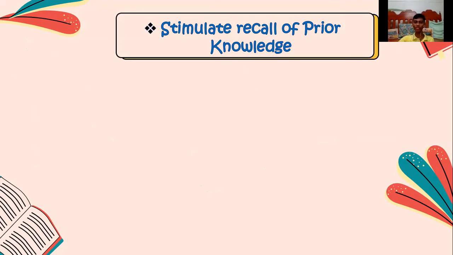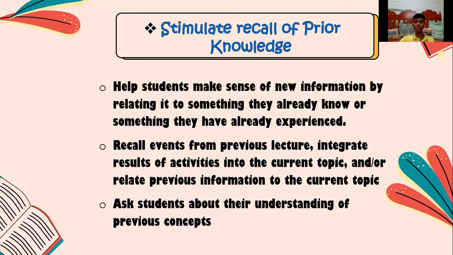prior knowledge. Help students make sense of new information by relating it to something they already know or something they have already experienced. To accomplish this, present the learner with an experience or cue that stimulates their prior knowledge.